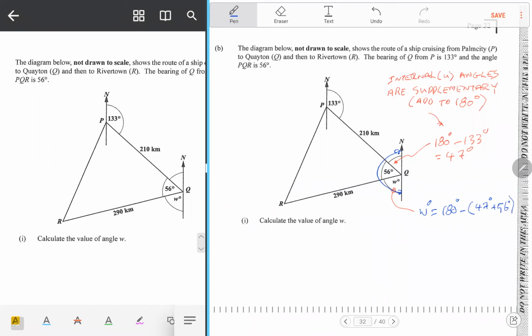So it's 180 minus 47 minus 56, which is 77. So W degrees is 77 degrees. Therefore, the W is 77.